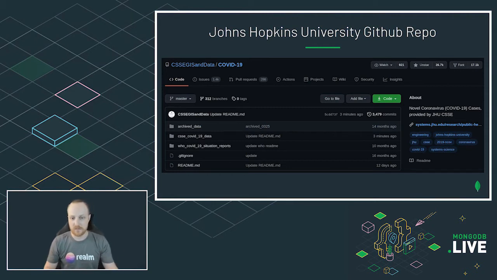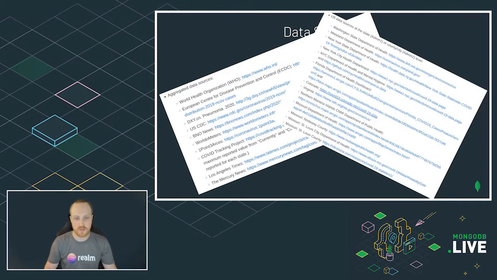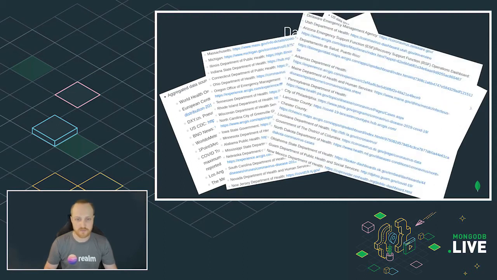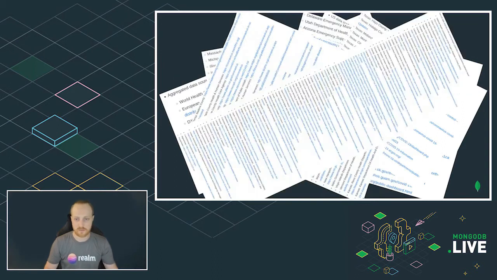And if you look in the README, there is this list of big data sources. At the beginning it was just a few, but as time went on, more and more countries got affected by COVID-19, so more and more entities started to produce data, and as you can see, it got completely out of hand. So it was really not my problem anymore, not my idea to try to beat their dataset and do something better.